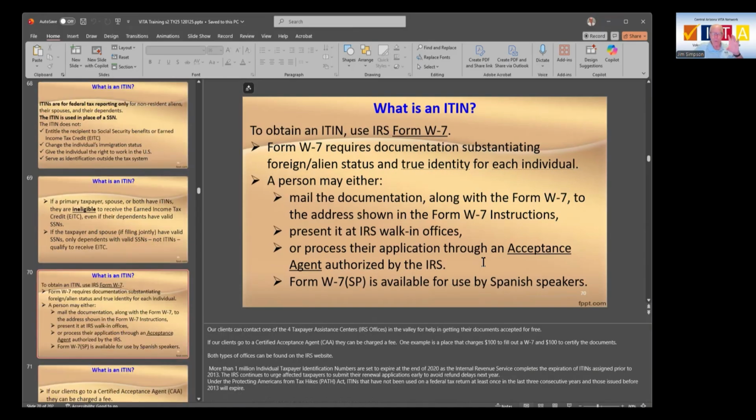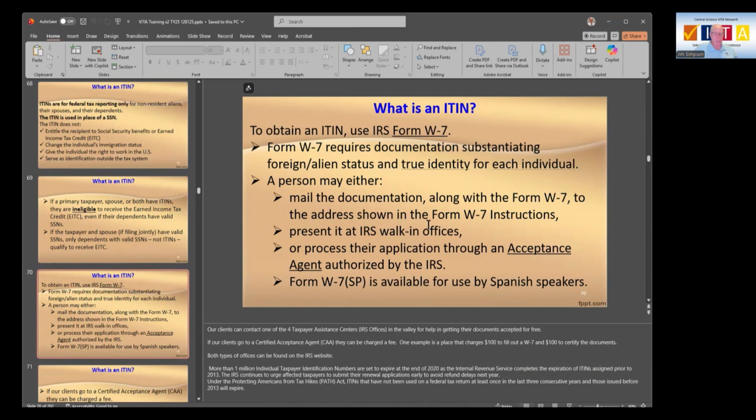So if you see an ITIN, and maybe they're not even applying for one, they've already got their ITIN, they've come into the site, they've been filing returns, be careful that you don't accidentally claim the earned income tax credit if they don't qualify for it.